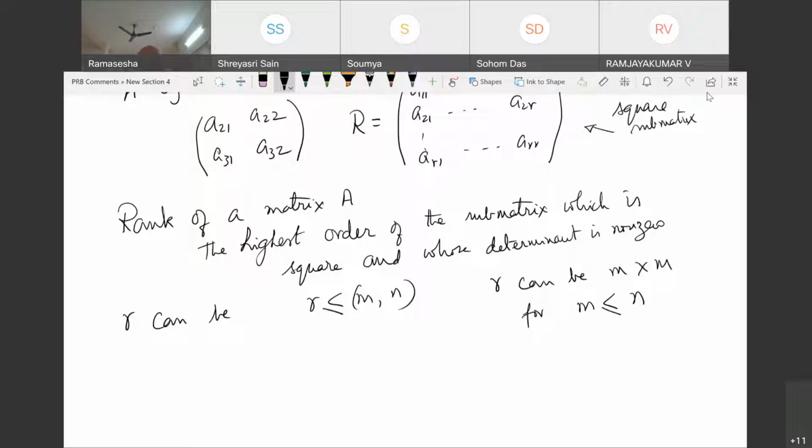So the rank of a matrix can be at most the smaller of the number of rows or columns in the matrix, because the largest square matrix that you can ever construct is equal to the smaller number of either rows or columns. If you have a 4 by 6 matrix, then the largest square matrix you can have is 4 by 4. So the rank can at best be 4, but rank can be less than 4 also. That's what I'm trying to say here.